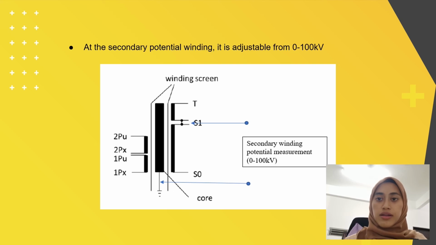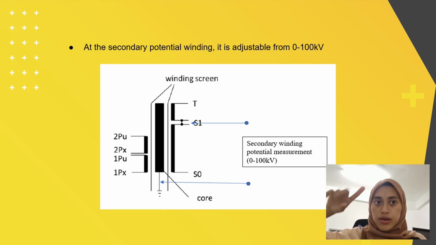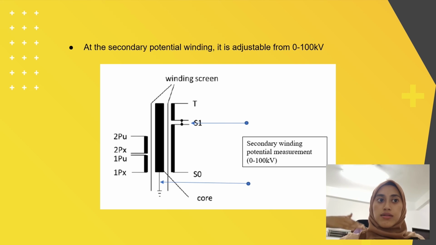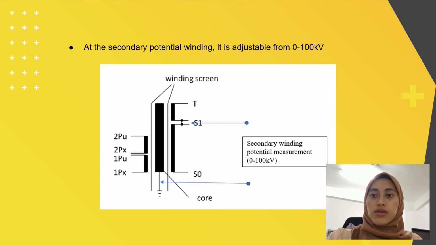While the secondary potential is in between the lower end of the transformer and the top of the transformer. So tapping from S0 up until S1, the secondary winding potential measurement can be from 0 up until 100 kilovolts. Thank you very much.